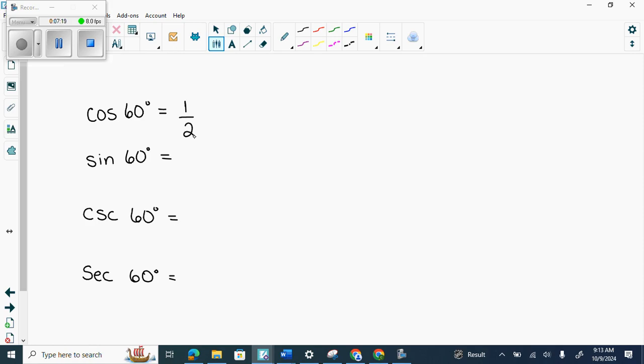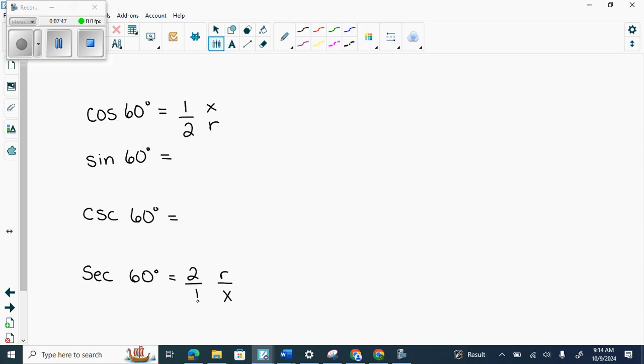So cos is CAH, extra rice. We agree? Just proving a point here. Cos's bestie is secant. Sine's bestie is cosecant. So C goes with S and S goes with C. They never go with each other. You can memorize that if you so choose. Or look at your formula sheet because it literally tells you on it which one goes with which. Right? It shows you it's the reciprocal of the other one. Okay. So if cos is CAH, extra rice, then secant is rice extra, which means it is 2 over 1.